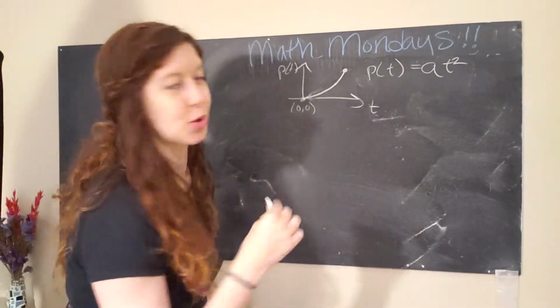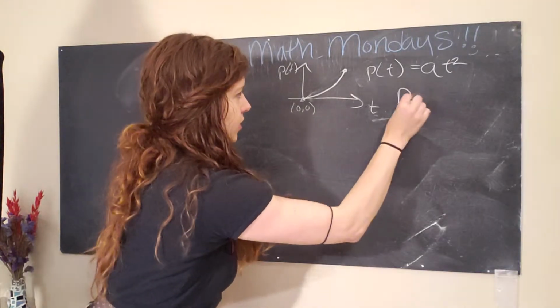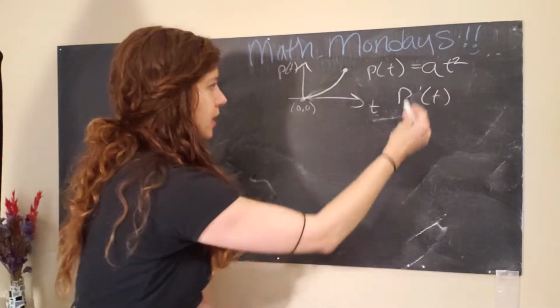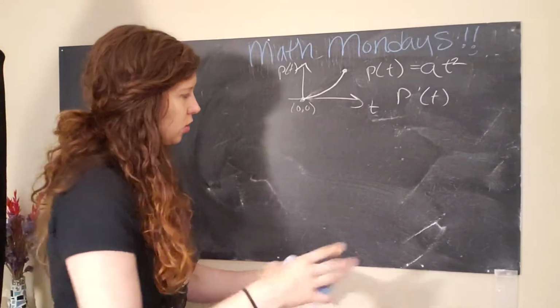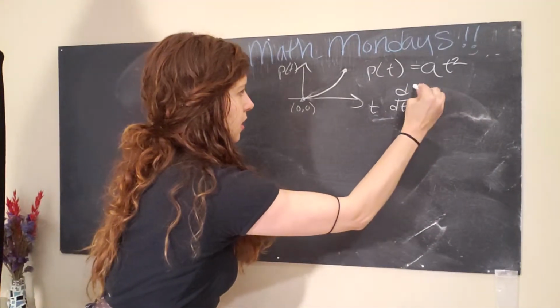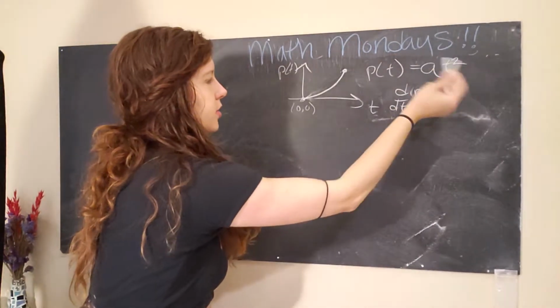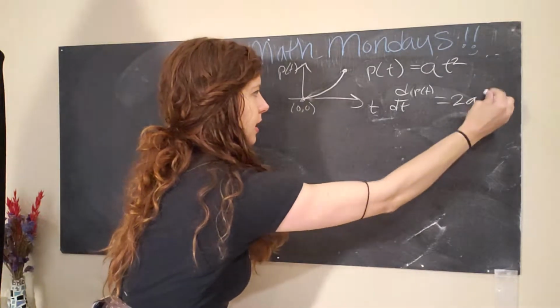And I realized I was doing the prime notation, my bad. Actually, I'll keep using that for now. So what we would do, I'll write it out though. Again, we do d dt of our function p of t. And then we get the 2 comes down to a t.